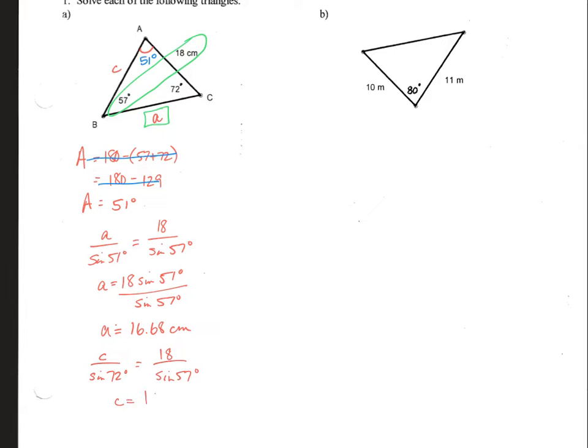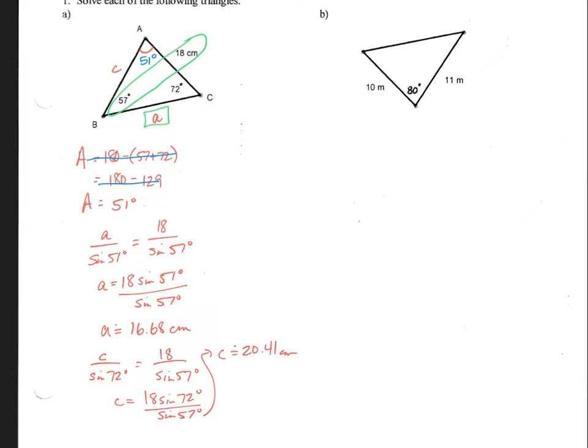Now I can multiply out my sine 72, and I'm coming in with an approximate value of 20.41 centimeters. And there we go.